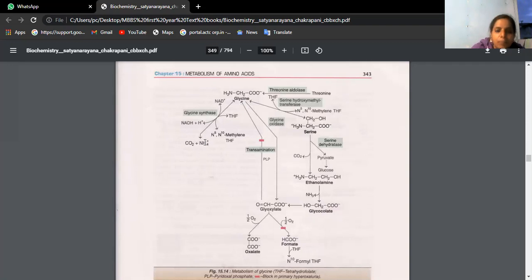Urea cycle. Okay, for which we know tetrahydrofolate is again converted to N5 N10 methylene. Same reactions, many places we are getting. For one carbon metabolism, these are the things which are being utilized. NAD can be converted to NADH, NADH also can be converted to NAD, and the enzyme involved here is glycine synthase. That means carbon dioxide plus ammonium, in the presence of glycine synthase, glycine can be produced.